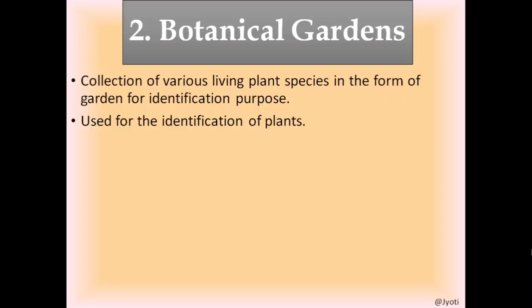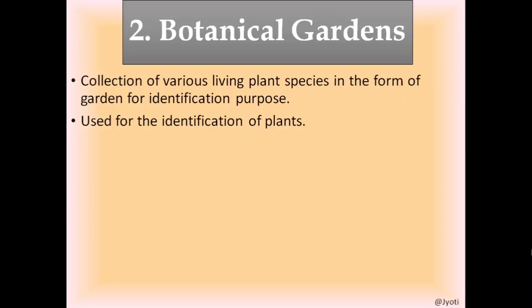Here living plant species are preserved, but in the herbarium we are collecting the dead plant species, drying them, then preserving them. But in the botanical garden the living plant species are preserved and conserved. This is the most important difference between a herbarium and a botanical garden.